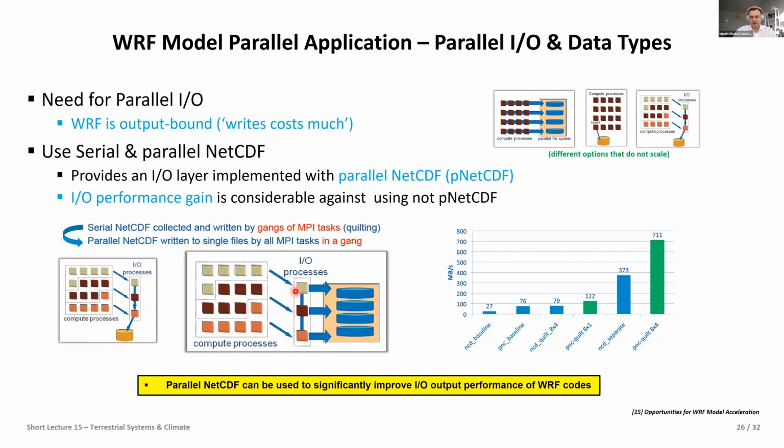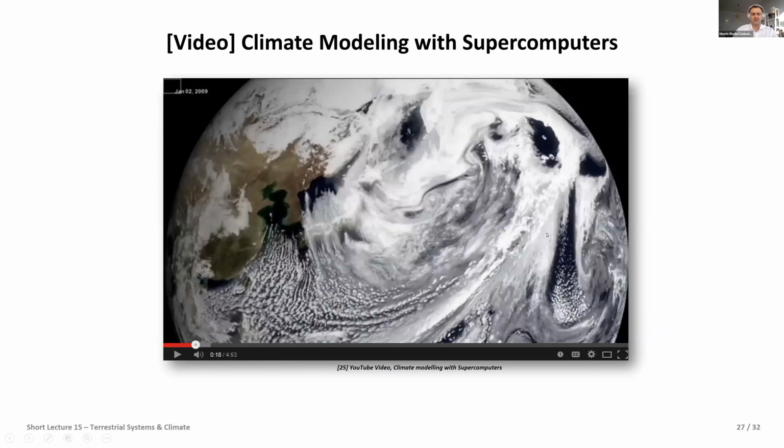What you rather want is parallel I/O. You write different parts of one file directly from all these I/O processes. Hence, the WRF code really leverages parallel I/O, things you already learned in one of the lectures.